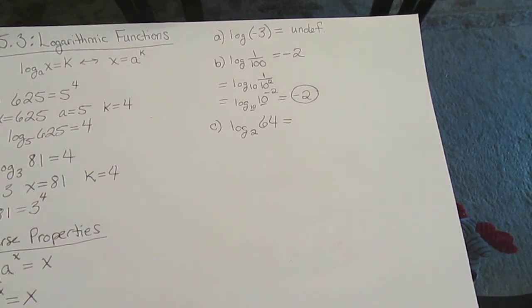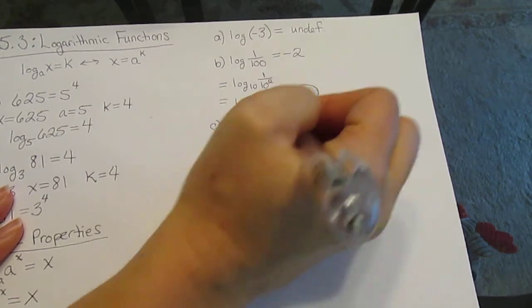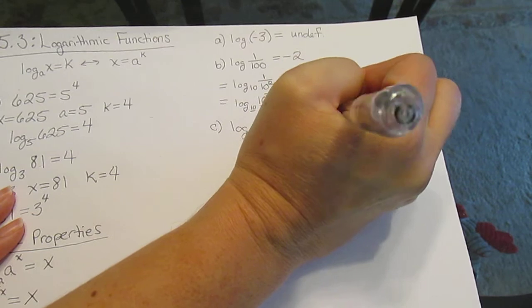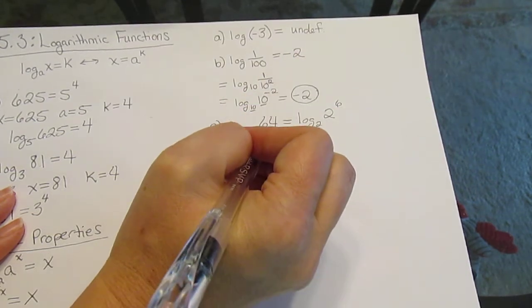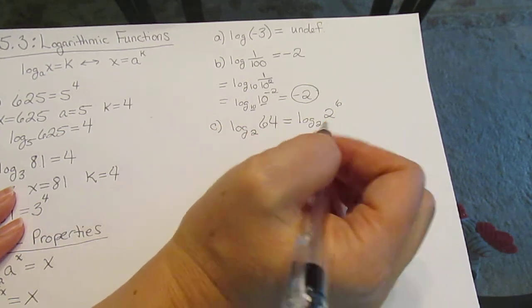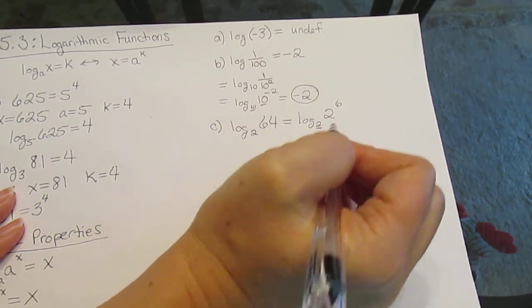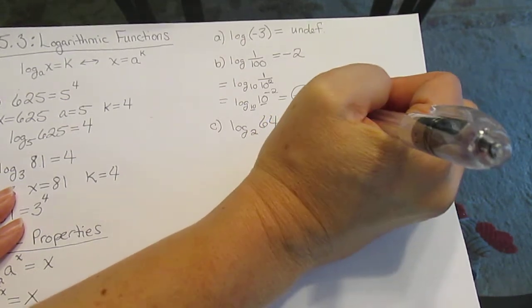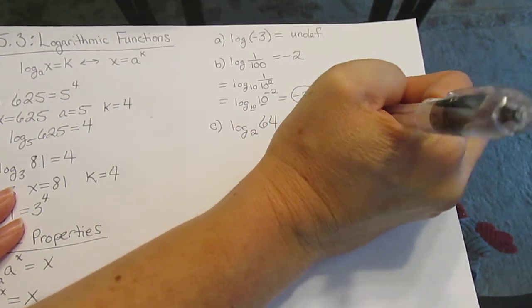I found when I put 2 to the 6th power in my calculator, it gave me 64. So that's what I need here. Log base 2, 2 to the 6th power is the same as 64. Try it out in your calculator. And that's the goal. I wanted these two numbers to match. Then I know my answer is the power. So the answer here is 6.